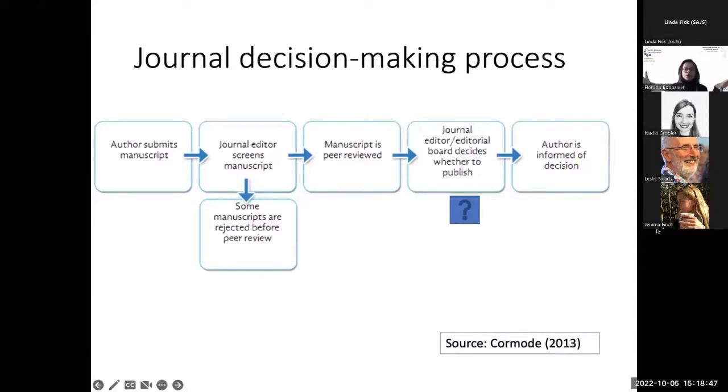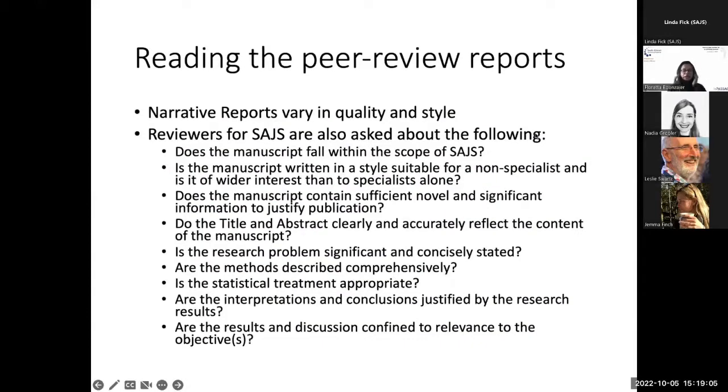So this is, in broad strokes, the decision-making process, and I will specifically be focusing on the second last aspect, where the journal editor now has to make a decision on the basis of the peer review reports. So, reading the peer review reports, often the narrative reports we receive, and in most instances it would be 2 reports per article, sometimes 3, sometimes a bit more, but mostly 2 reports.